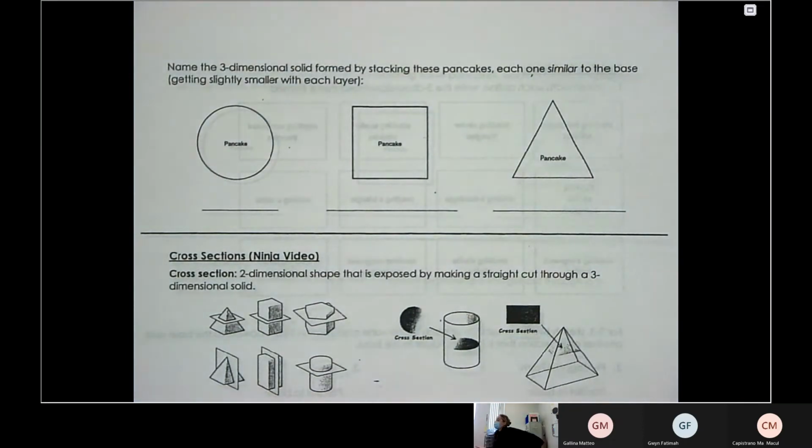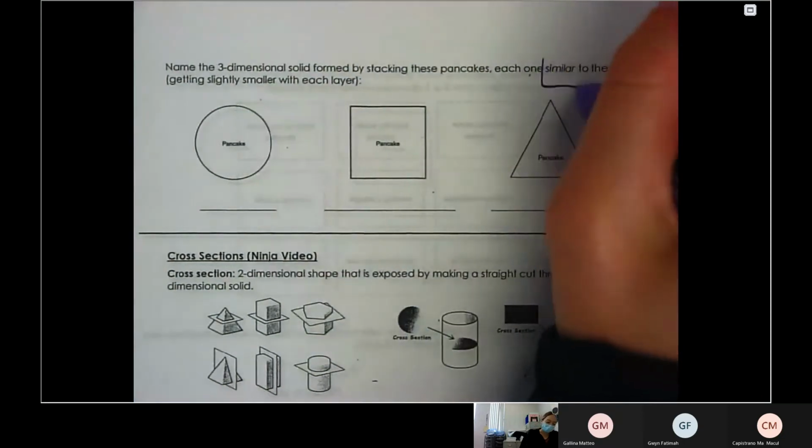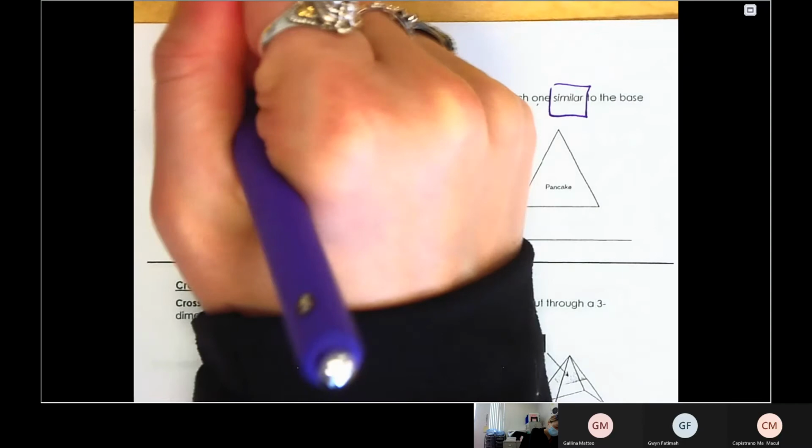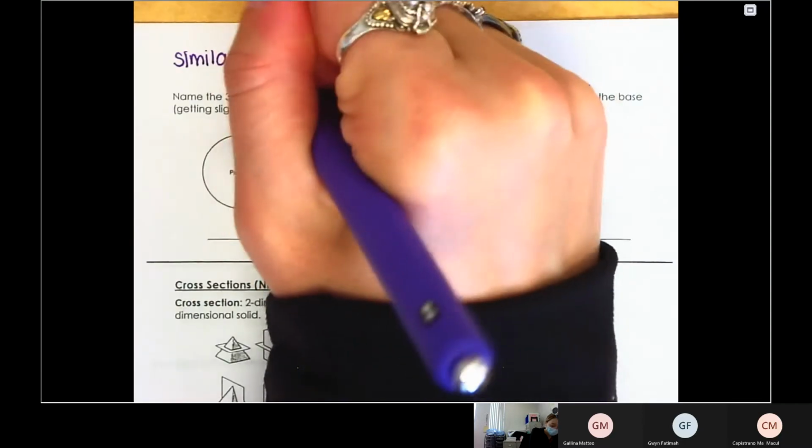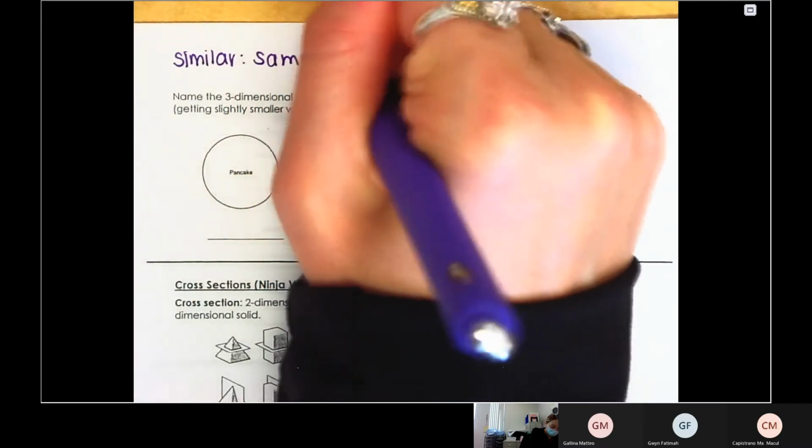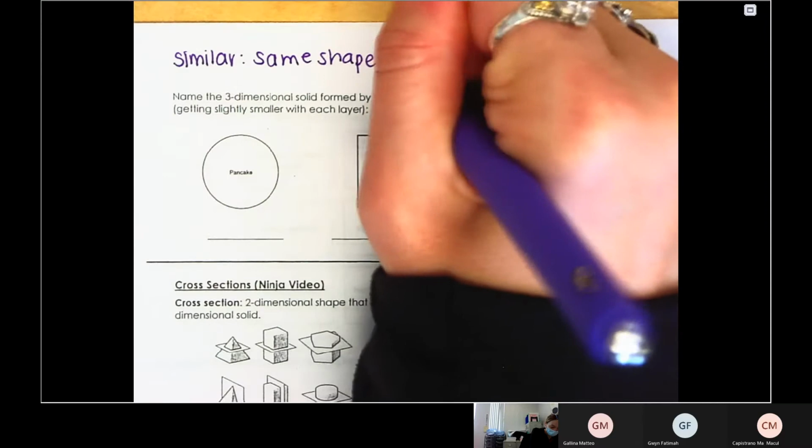The same, but a tiny bit different. What part of it is different? The size of it is different. So similar means same shape, but a different size.